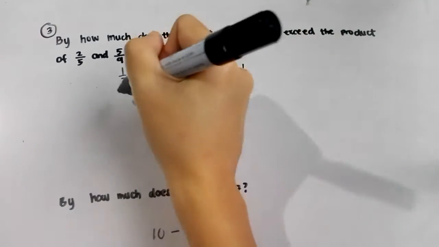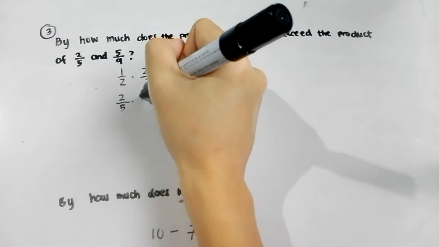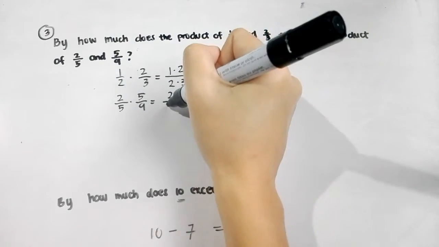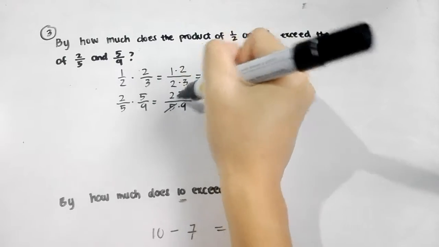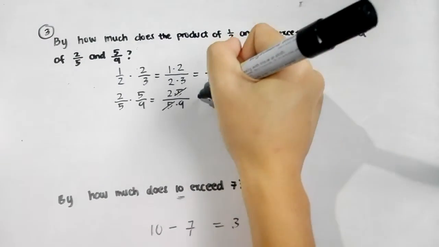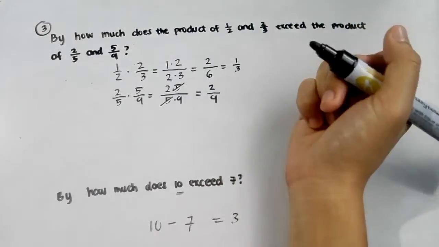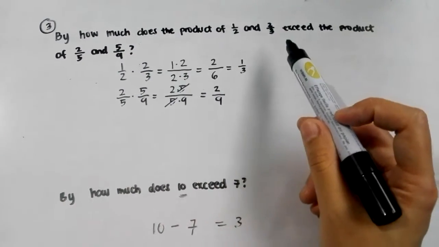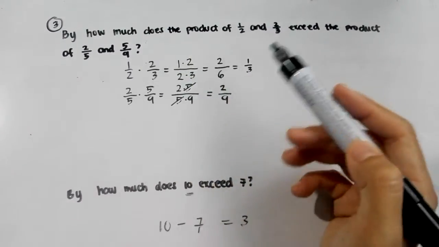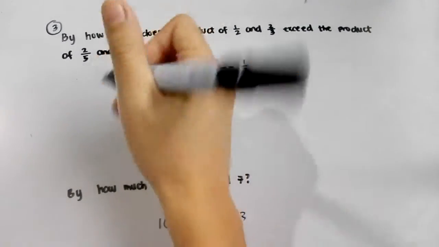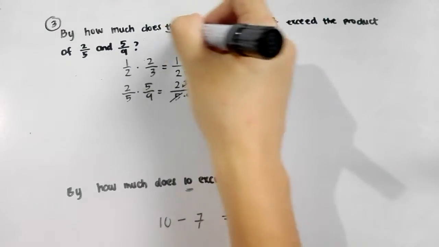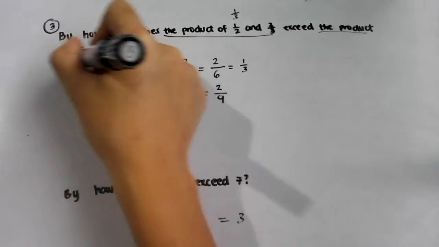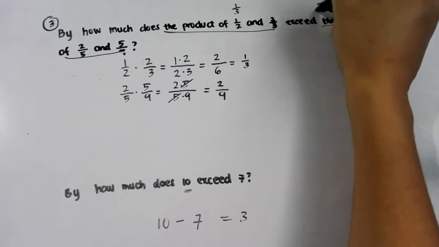Okay, now the product of 2/5 and 5/9 is 2 times 5 over 5 times 9. Note that pwede nating makancel to kasi multiplication na yan. So this is equal to 2 over 9. So the original question, by how much does the product of 1/2 and 2/3 exceed the product of 2/5 and 5/9, we can restate it as, by how much does 1/3 exceed 2/9?